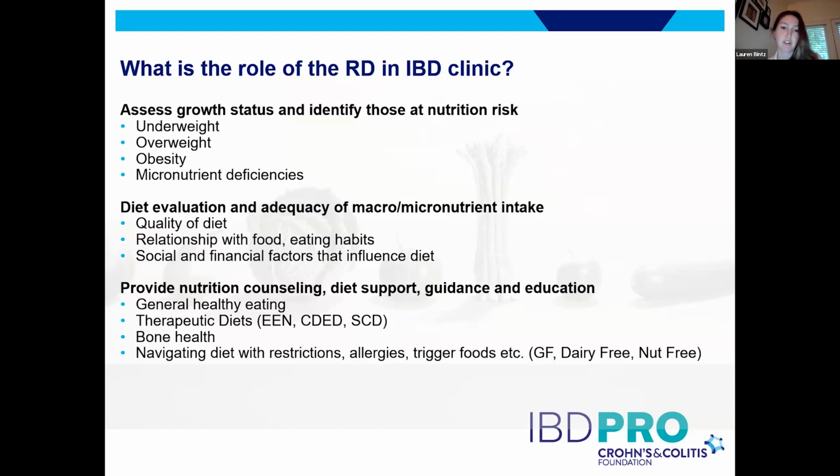And so like I mentioned earlier, many patients find themselves restricting gluten or restricting dairy because they feel that it makes them feel worse. And so just trying to counsel, educate on what a healthy diet looks like when you're excluding some of these food groups to make sure that they have a well-rounded diet that's meeting all of their macronutrient and micronutrient needs.